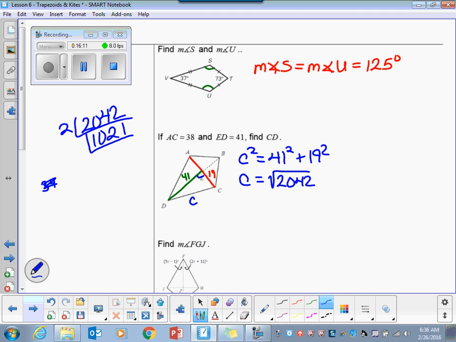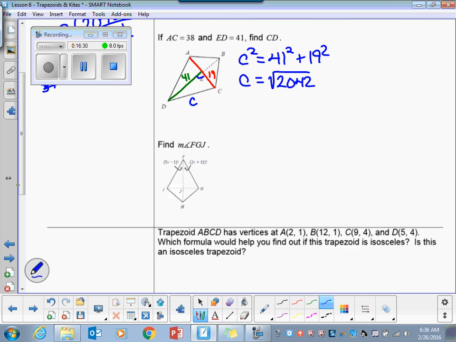Nope, 7 doesn't work. 11 doesn't work. 13, no. Okay, at that point I'm quitting. If I don't find it within the first few primes, I'm done. So we just have a pretty ugly radical there that cannot be simplified.